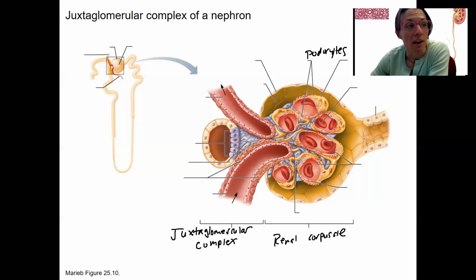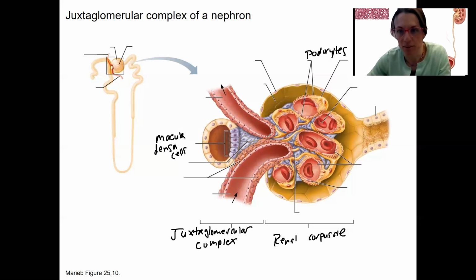And it is a group of various cell types that includes those ones right there, macula densa cells. That's not how you spell cells. And notice where we are, right? We are right next to this glomerulus.